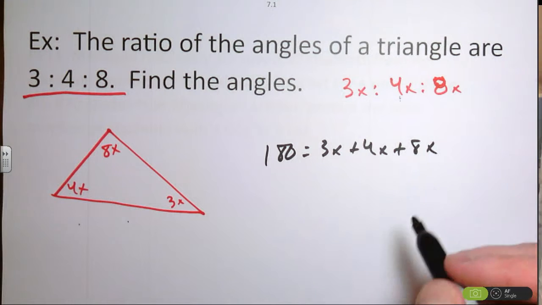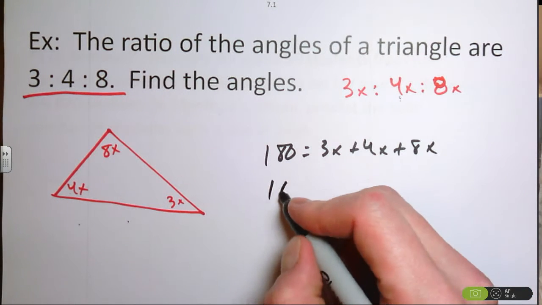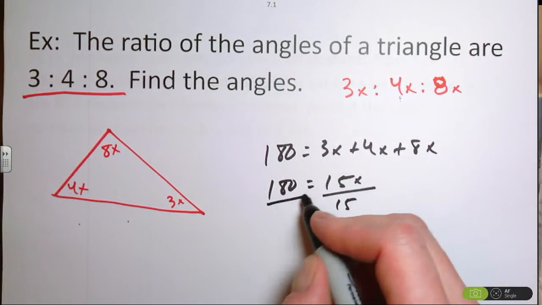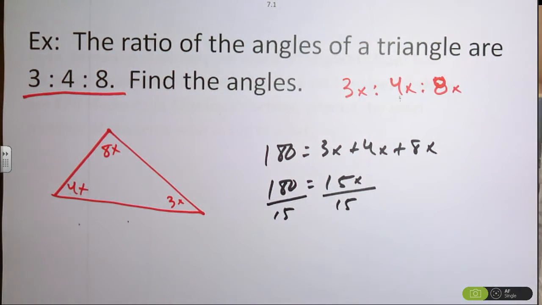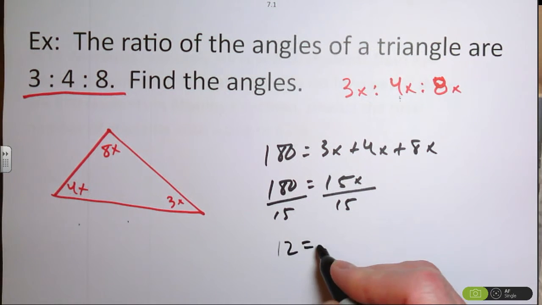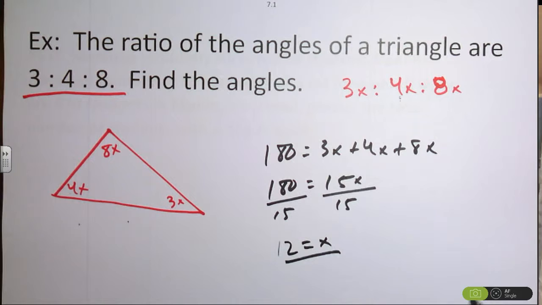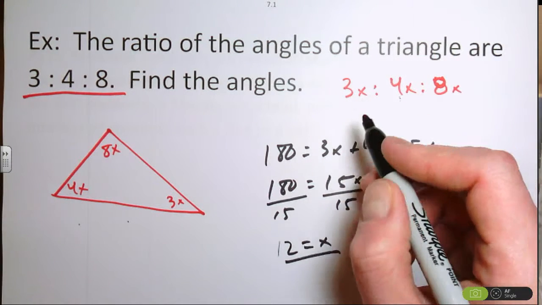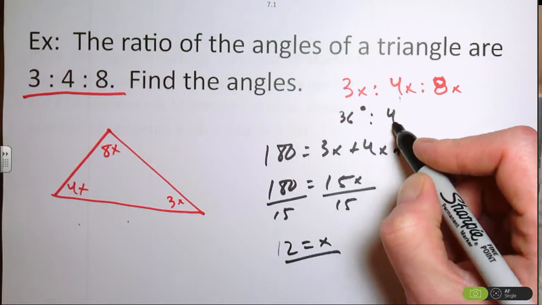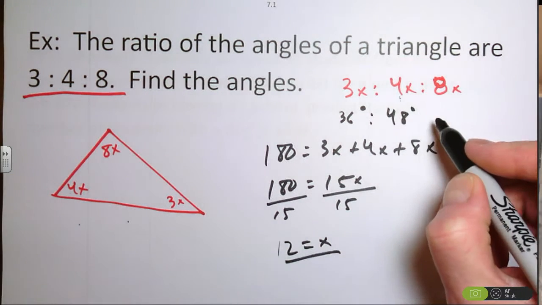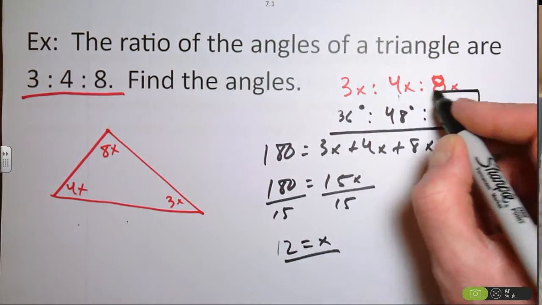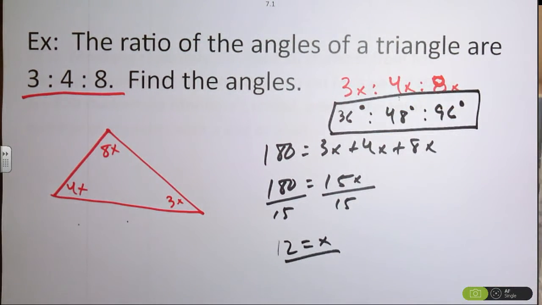So 3x plus 4x plus 8x gives me 15x. Divided by 15, it goes into 180 12 times. So x is 12. So 3 times 12 is 36 degrees. 4 times 12 is 48 degrees. And 8 times 12 is 96 degrees. There are my 3 angles.